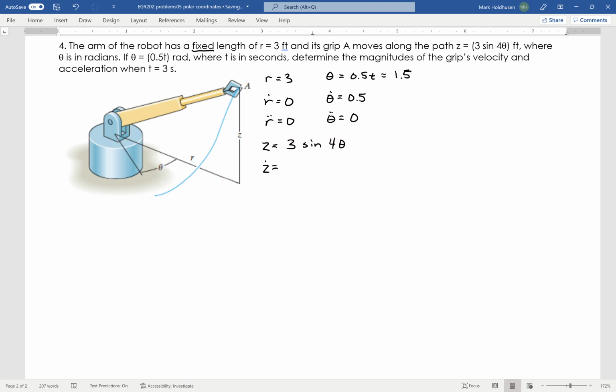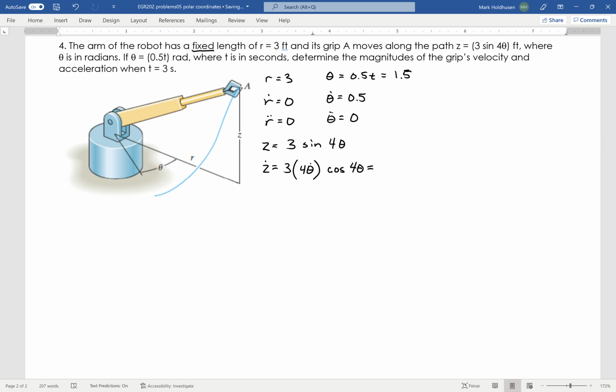But what I need is the time derivative of what's inside the sine, which is going to be 4 times theta dot, right? It's not just 4. I'm not differentiating with respect to theta. I'm differentiating with respect to time. So it's going to be 3 times the derivative of what's on the inside there, which will be 4 theta dot, and then the derivative of sine is just cosine, so I go cosine of 4 theta like that.